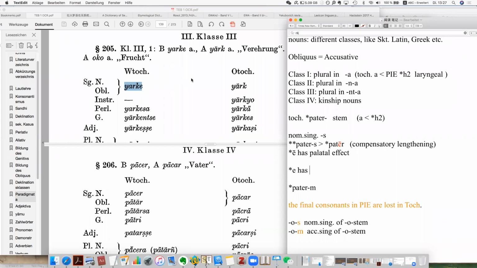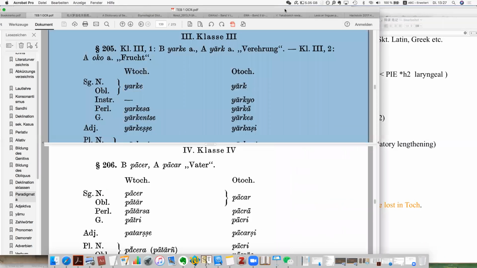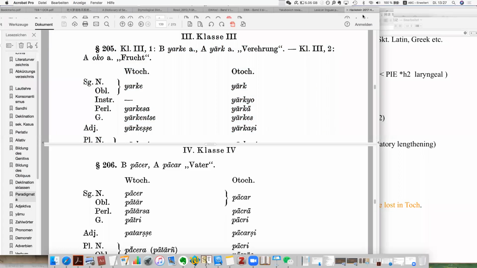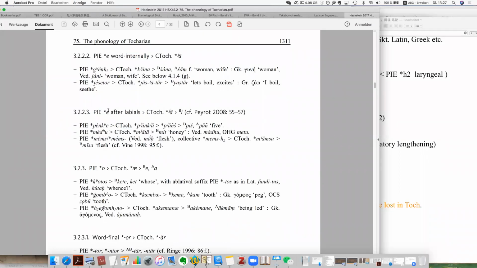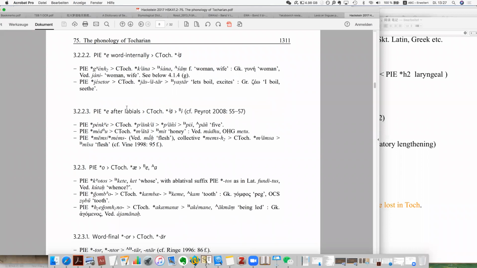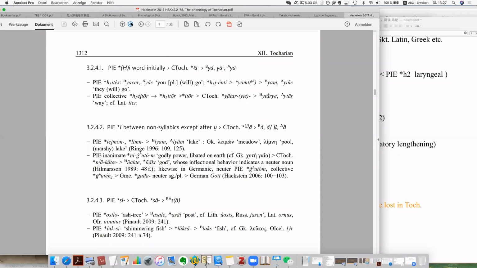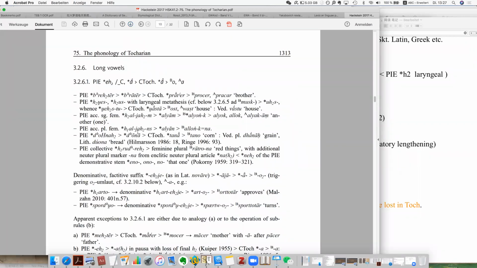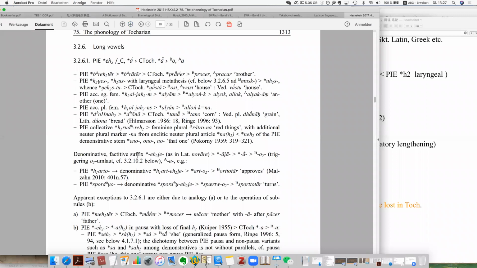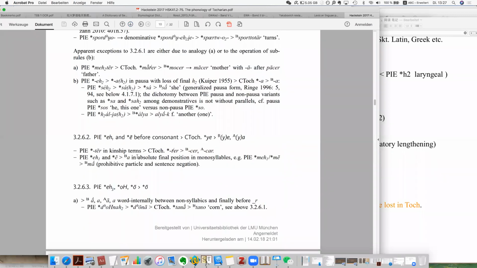So let's probably move on to the historical phonology. Since we already started, let's check this. Take a look. So you see, Proto-Indo-European long A, make it bigger.